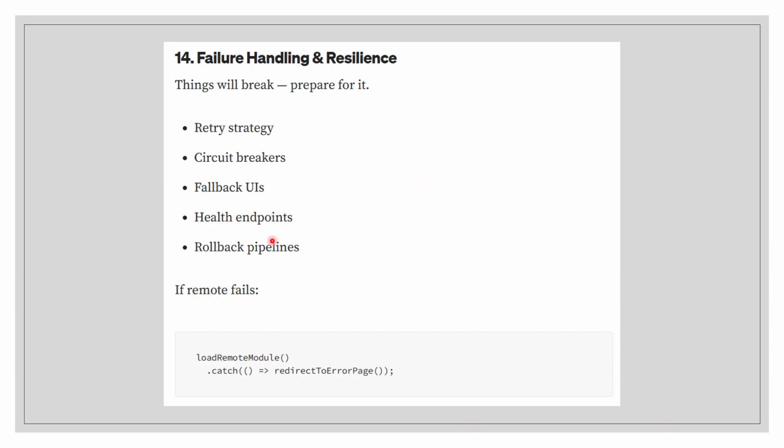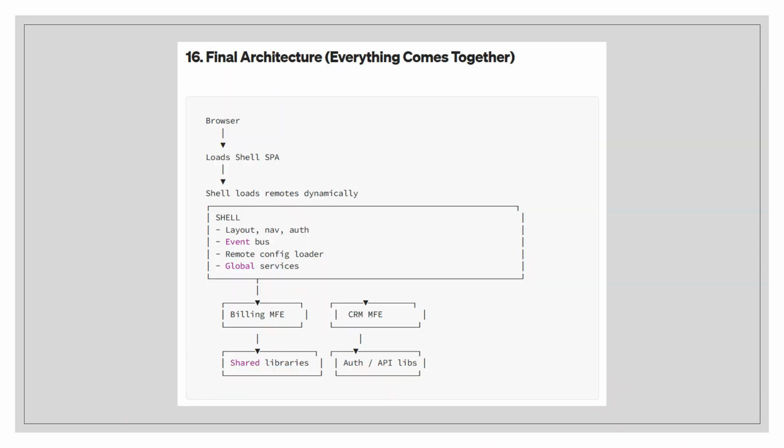Health endpoints should be added. Rollback pipelines should be taken care of. What happens if remote fails? It will load the error page. That's it. Gracefully handling failure is one of the best methods to be practiced in web development.